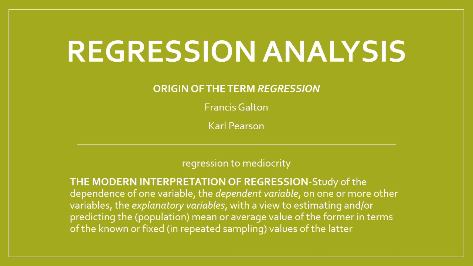This is the basics of regression, or the origin. Once again, I'll repeat the terms. The term was introduced by Francis Galton and confirmed by Carl Pearson. According to Galton and Carl Pearson, there is a tendency for the variables to move towards the average of the given sample or population.